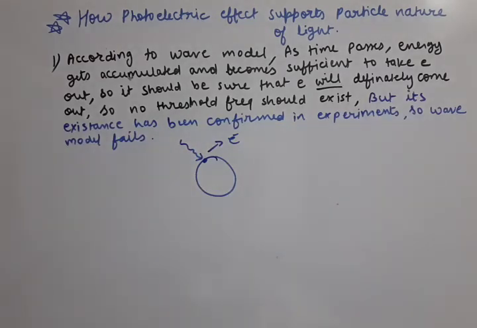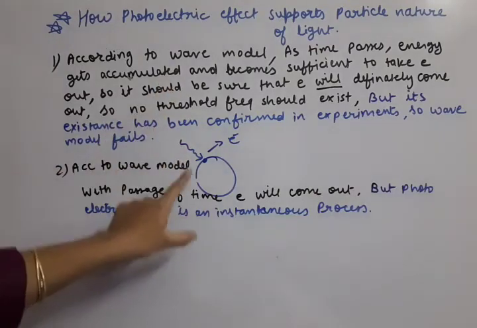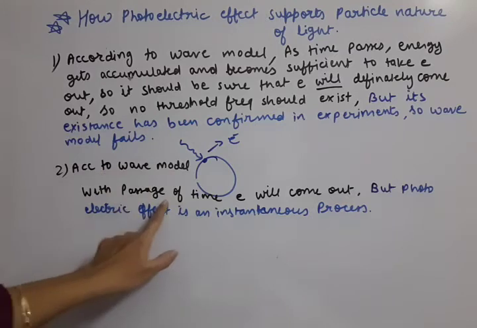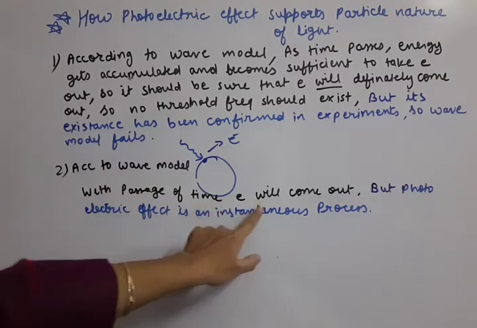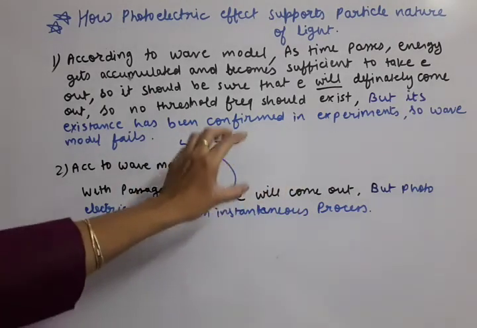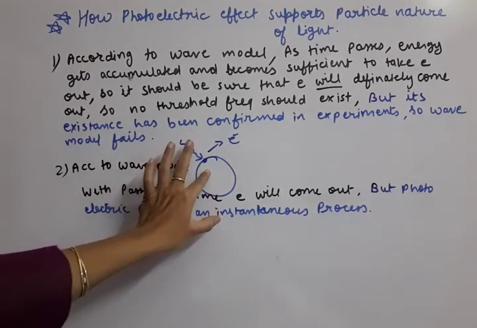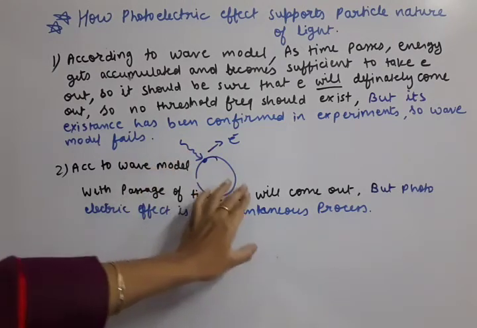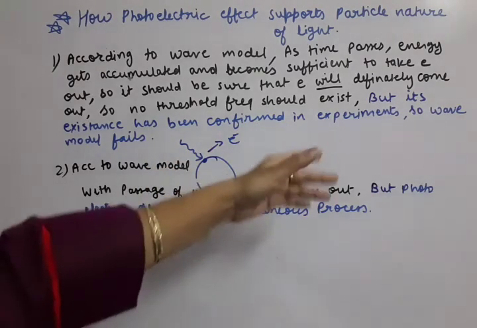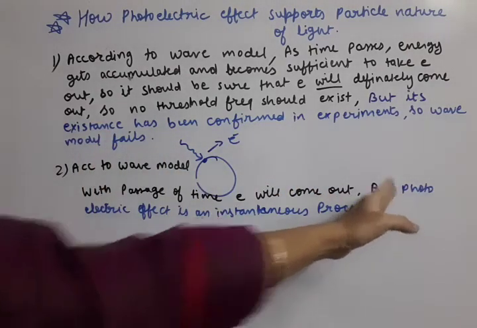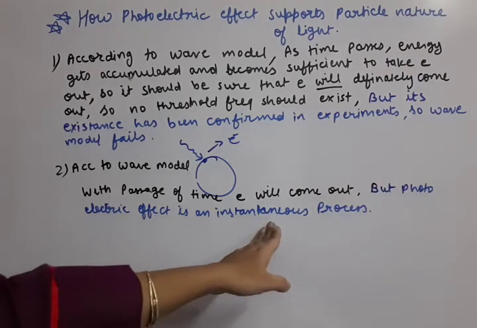Now the second point, continuing with the same logic. According to the wave model, with the passage of time, electrons will come out. So as we allow the light to fall continuously on the metal surface, electrons will come out after some time. But the photoelectric effect is an instantaneous process.